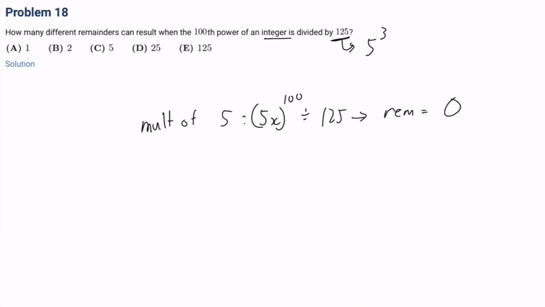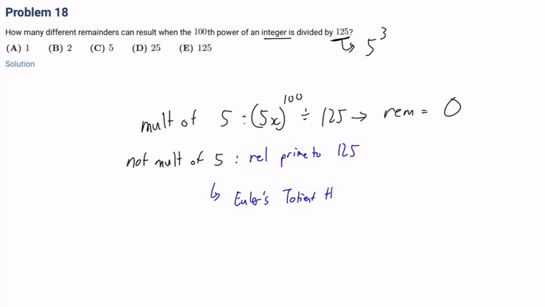If the integer is not a multiple of 5, that means that it's also going to be relatively prime to 125. And that means that we can use Euler's totient theorem. This basically says that if a and n are relatively prime, a to the power of phi of n is going to be congruent to 1 mod n.